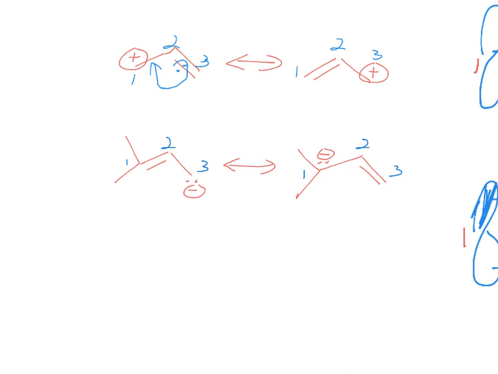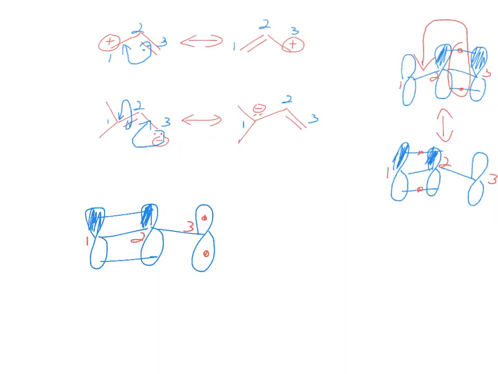That means we start at 3, lasso those electrons, form a new pi bond between carbon 2 and 3, and the two electrons that were in this pi bond now go to carbon 1. That's where those two electrons ended up. Carbon with 3 bonds, full octet, meaning it has a lone pair, is a carbon with a negative charge.